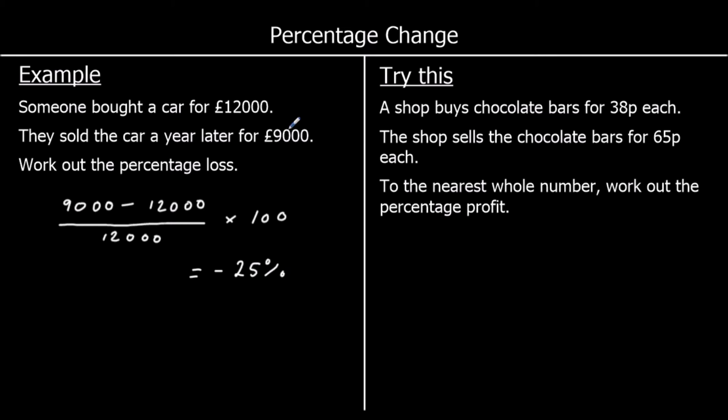So it's gone down. It's gone from 12,000 down to 9,000. So it's been reduced by 25%. So I've got a negative answer, but the percentage loss we can just call 25%, because we've lost 25% of the value.